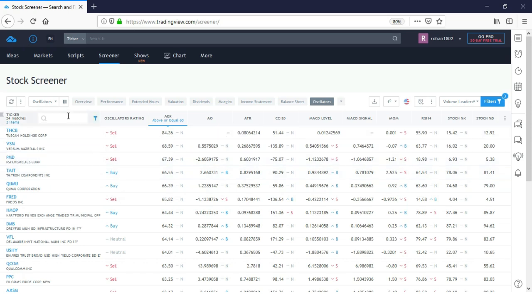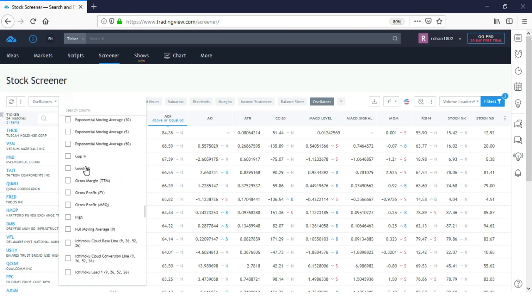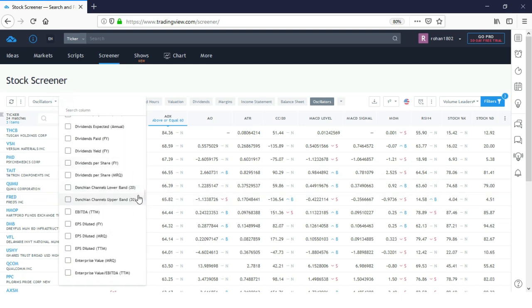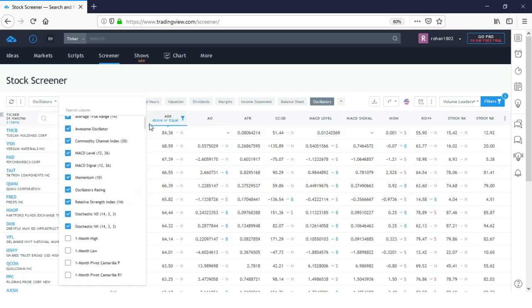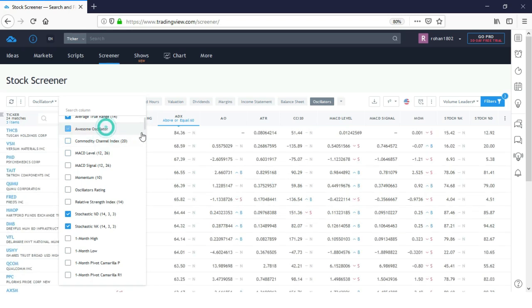These are the RSI parameters over there. We can click over there, and those parameters which are selected, we can deselect. So we have deselected all the parameters.